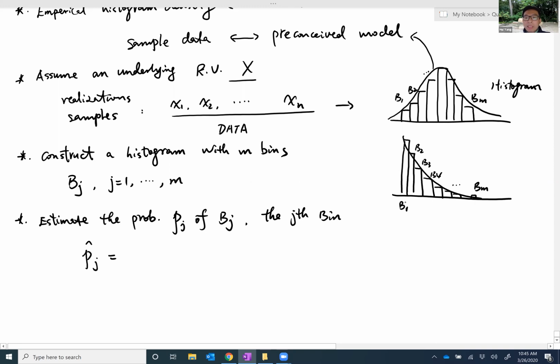If we want to estimate, for example, Bj right here, what's the probability to fall into Bj? That is Pj hat. This equals Nj divided by total N. What is Nj? Nj is the number of observations in the j-th bin. N is the total number of data points we have. So Pj hat equals Nj over N, with j equals 1 to m.